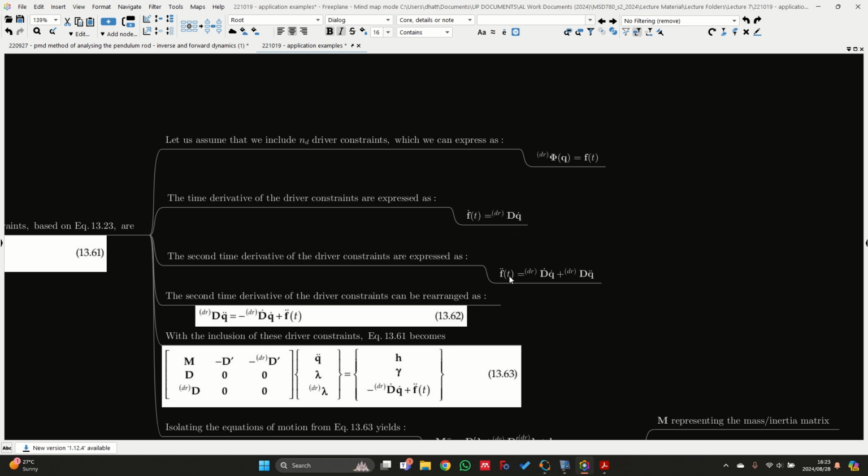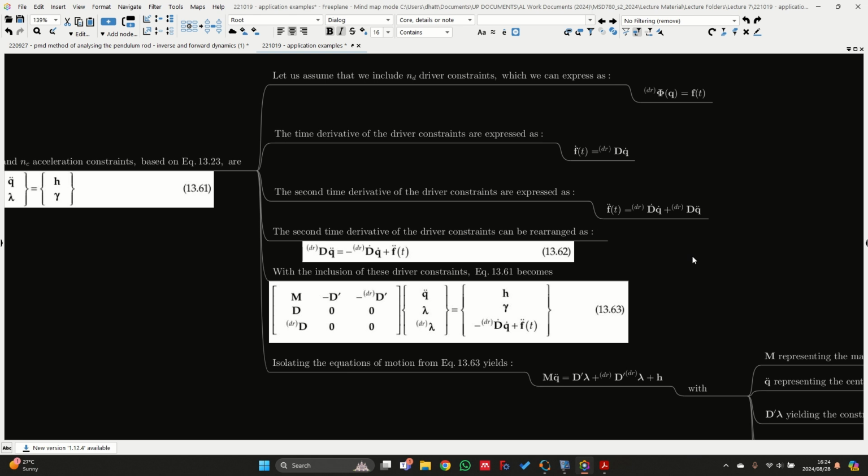we end up with f double dot of t, which, applying the chain rule, is equal to the time derivative of the driver Jacobian matrix multiplied by q dot, the velocity vector, plus the driver Jacobian matrix multiplied by q double dot, which is the acceleration vector.